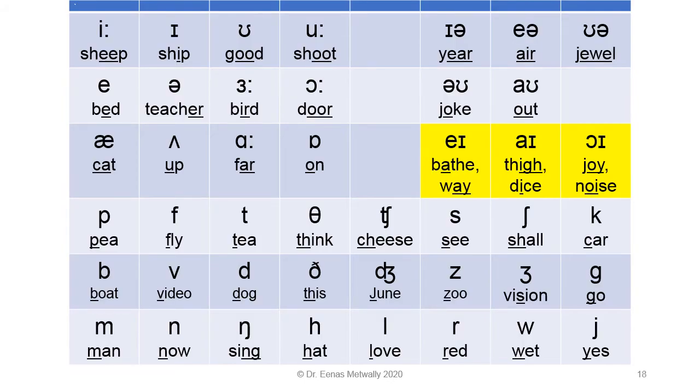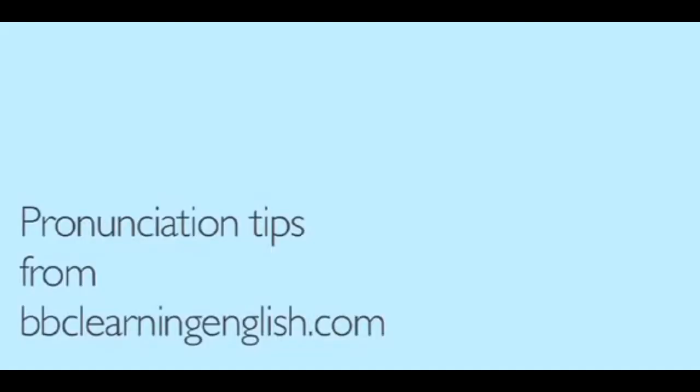On this chart, I've highlighted the first three closing diphthongs that we have learned so far. A in bathe, way, I, thigh, dice, and oi, joy, noise. A, I, and oi all glide towards the closer phoneme I. O and ow glide towards the closer phoneme U.